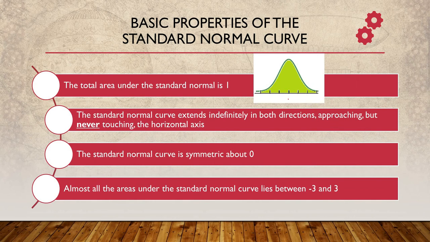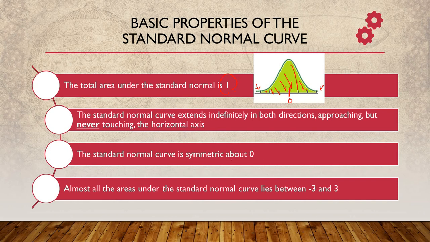The middle number here will be 0. The total area, the shaded green one here, equals 1 because probability is 1, right? When you draw the ends here, right and left will never touch the horizontal axis.